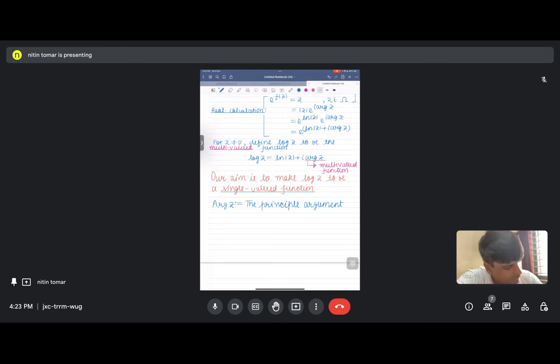Exactly. And which is open and which is closed? Minus pi is open, pi is closed. Very good. So you know what the principal argument is, right? This argument value belongs to the interval minus pi open and pi closed.